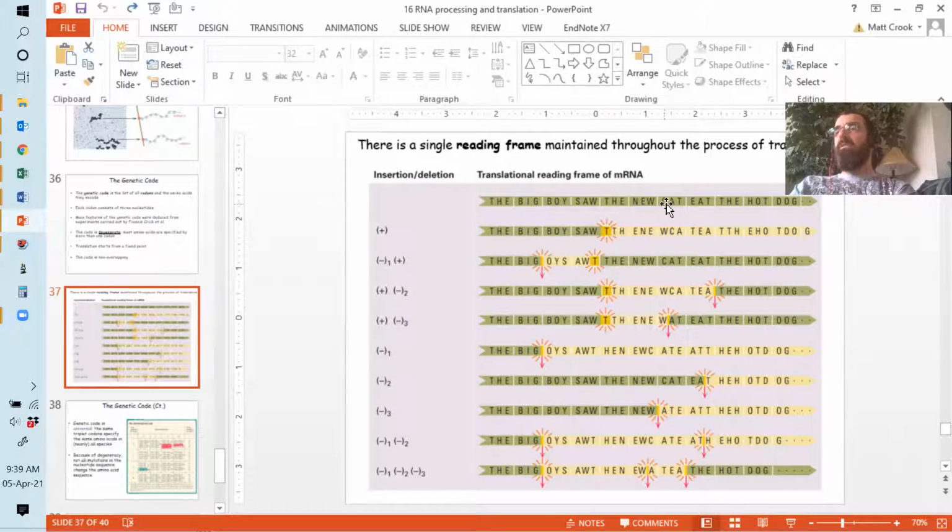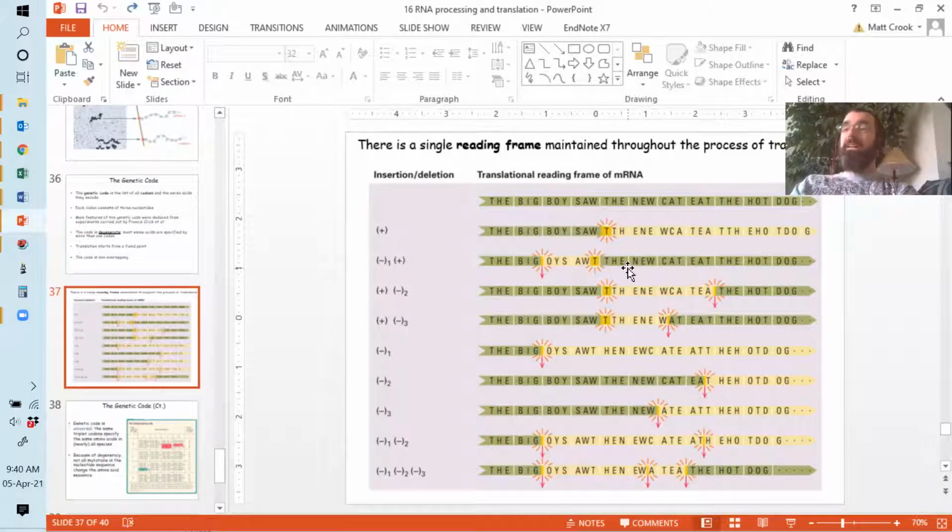So this is the frame. Whoever made this found a lot of 3-letter words, because that's what helps. But essentially, the frame is determined by the start, so this would be analogous to the start codon AUG. And then every single word comes in units of 3 letters after that.